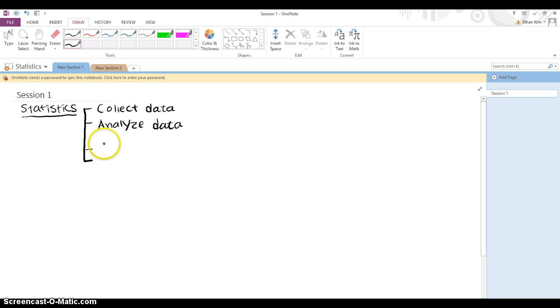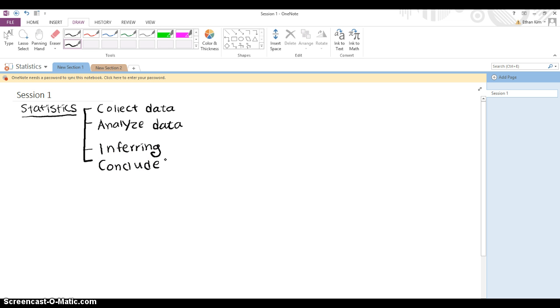And also inferring, meaning you're kind of making a guess based on the analysis that you came up with. And lastly, you have to conclude.